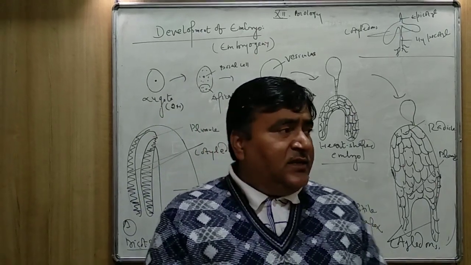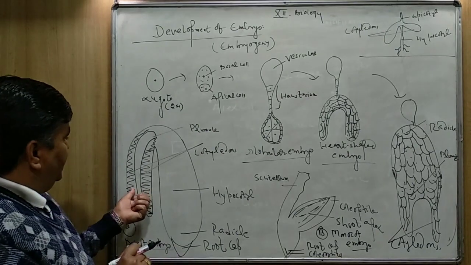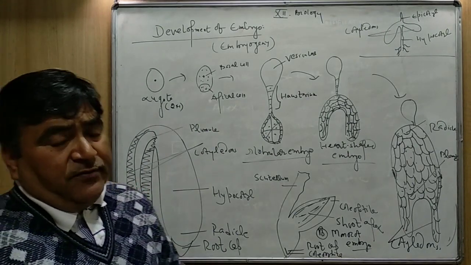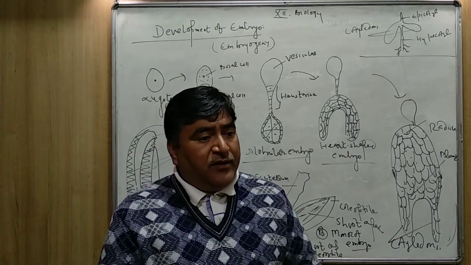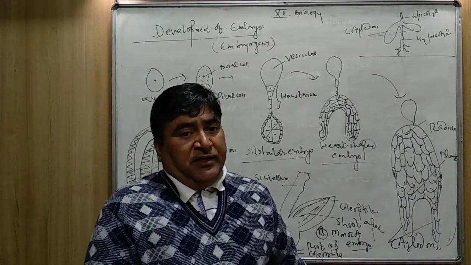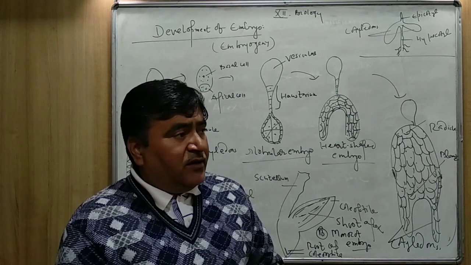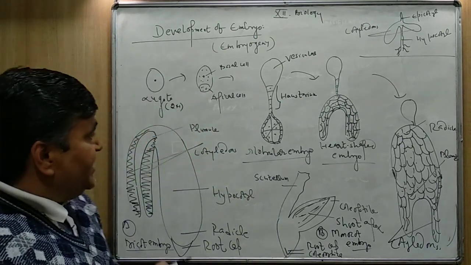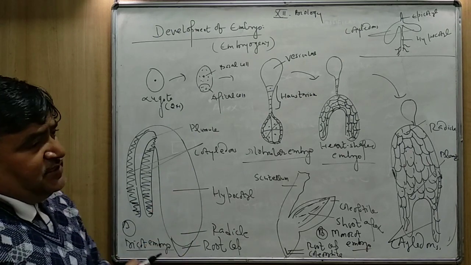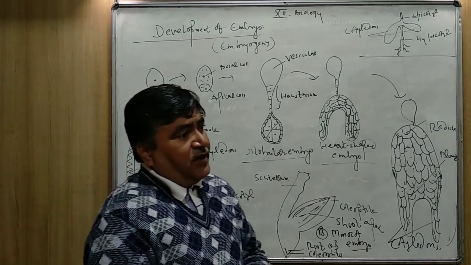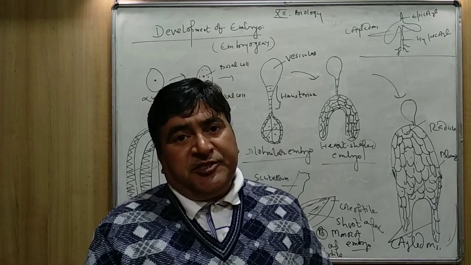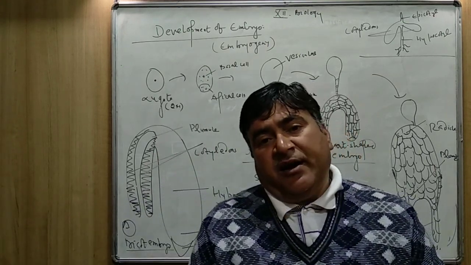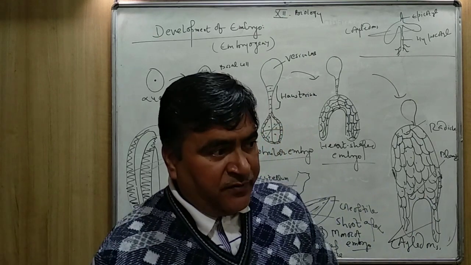The cotyledons, I have drawn here, store the food material for the germination of the seed. And radicle gives rise to the future root, and plumule gives rise to the future shoot.